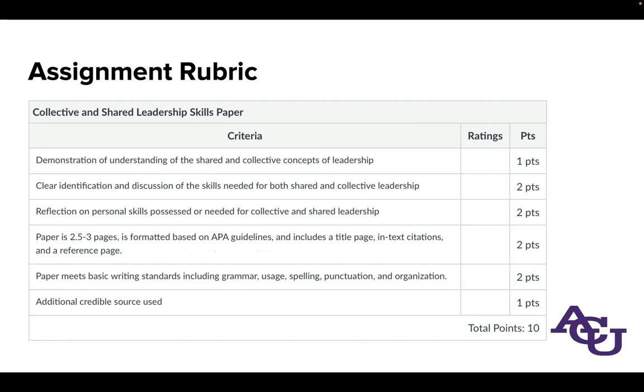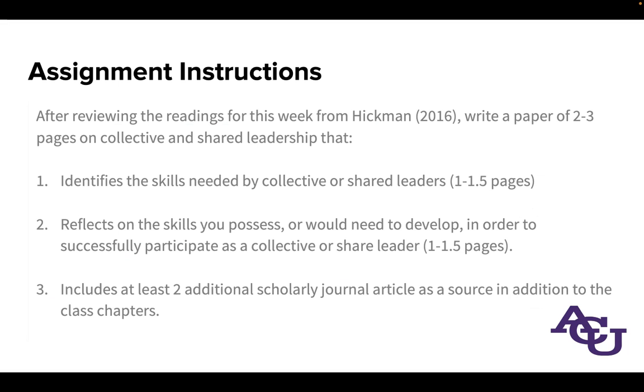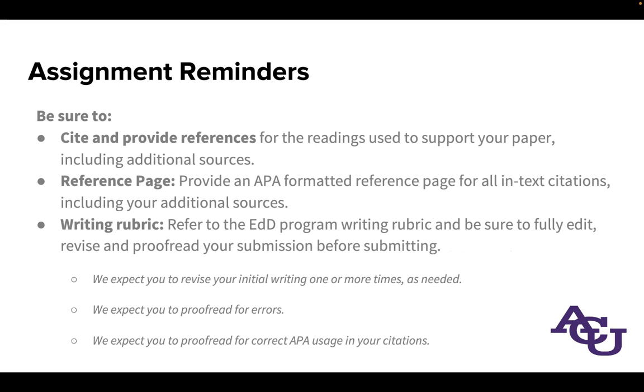But if we look at the rubric here, note the first 3 content rows here, starting demonstration of, clear identification, and reflection on. So these 3 things, if we compare with this list here, remember that the 3rd bullet item is just saying make sure you have at least 2 sources. So in this breakdown here, we have identifies a skill needed by collective or shared leaders, followed by reflect on the skills you need to do this yourself.